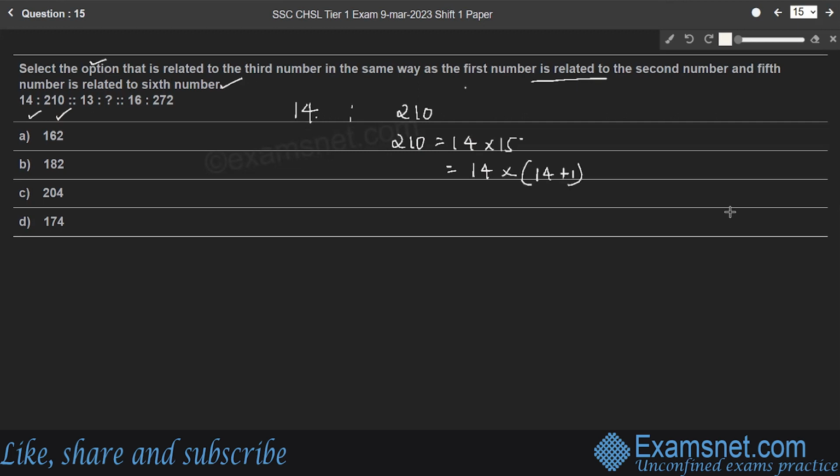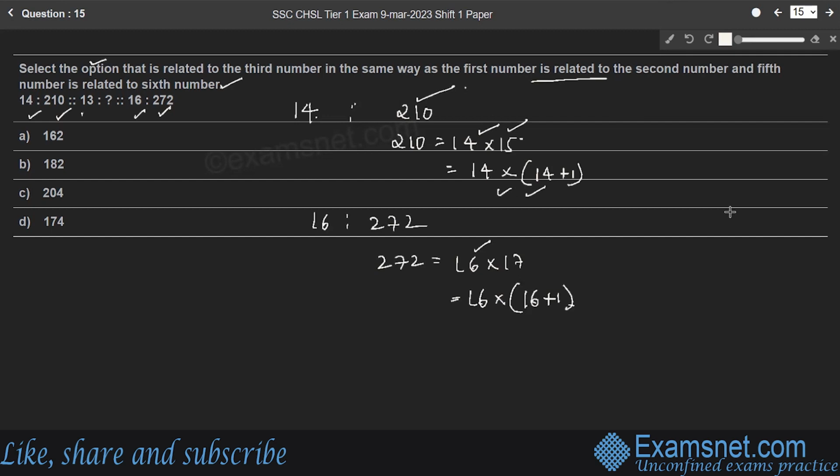Similarly, fifth and sixth numbers: 16 is to 272. So 272 can be written as 16 into 17 or 16 into 16 plus 1.